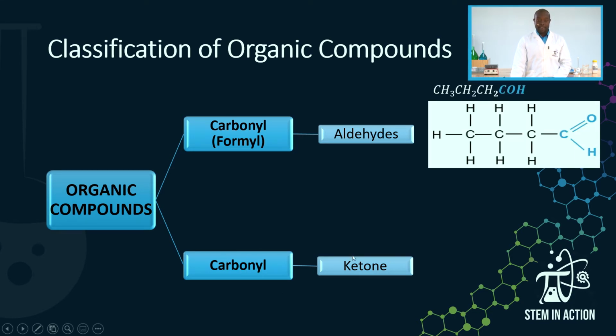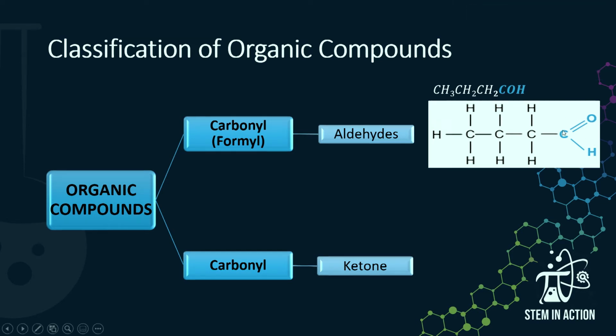And the difference, as we shall notice: the carbonyl group is the CO group, the C double bond oxygen group. When the C double bond oxygen group is found at the end of a chain, then we have a formal, or an aldehyde.